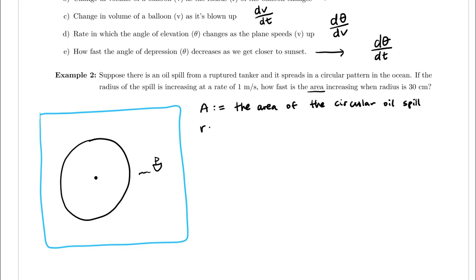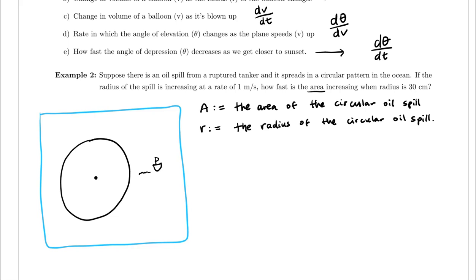And the other thing that we have is the radius of the circular oil spill. All right, so we've defined some variables, the area and the radius of our circular oil spill.